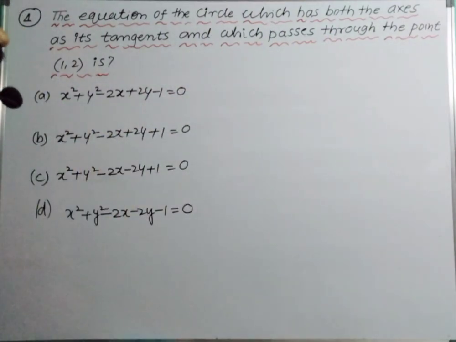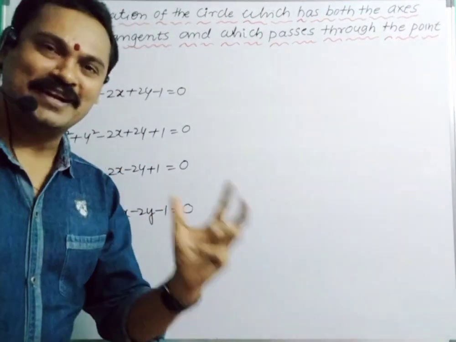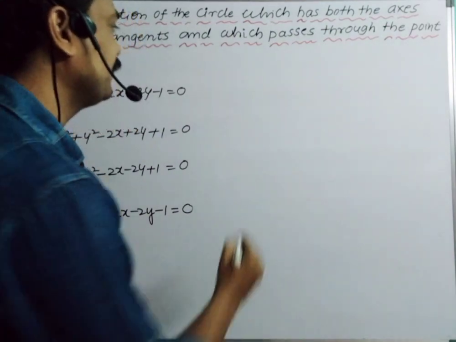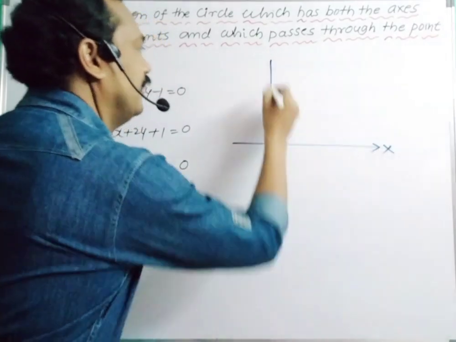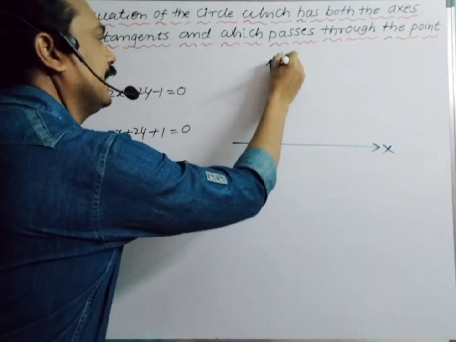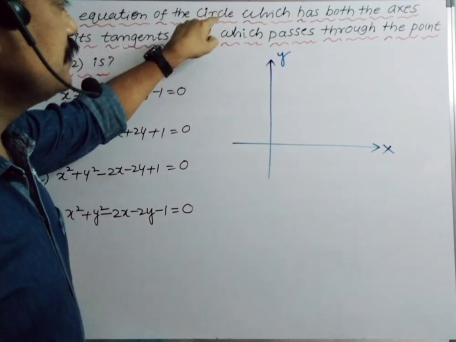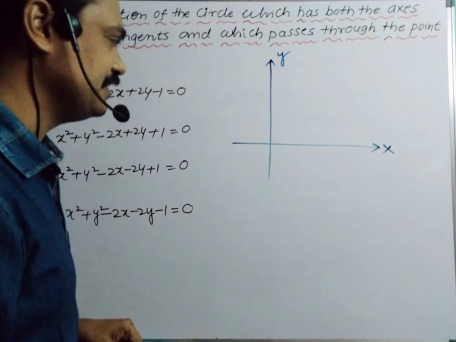I will explain this question through one diagram. It is very easy to understand. I am taking the coordinate axes. Now, what does the question say? The equation of the circle which has both axes as its tangents.